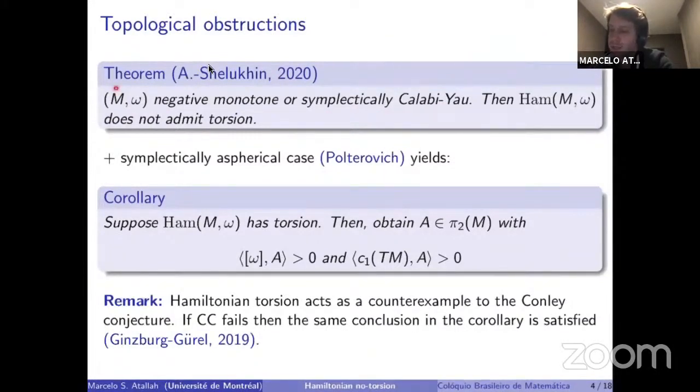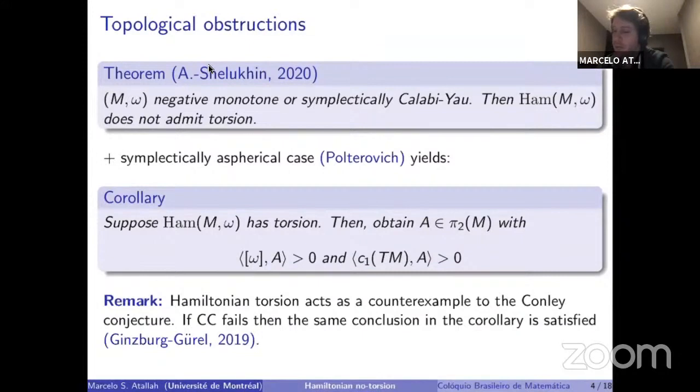And if you add this theorem to that of Polterovich, we obtain the following corollary: if you have a Hamiltonian torsion, you can find a homotopy class which has both strictly positive symplectic area and strictly positive first Chern class valuation.